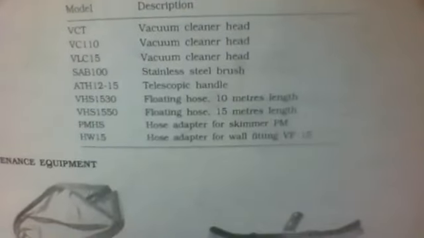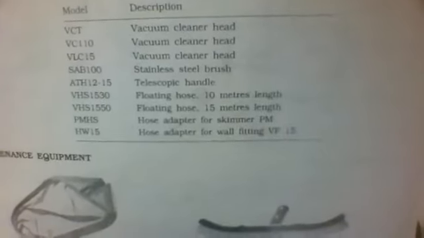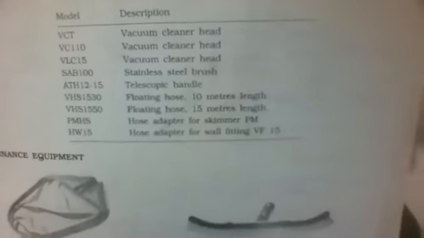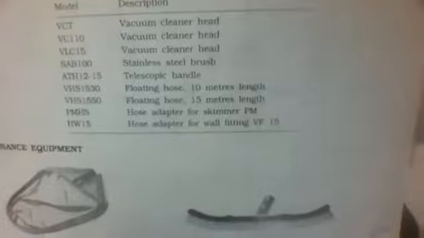As I just said, four items: vacuum cleaner head, stainless steel brush, telescopic handle, and floating hose and adapter.